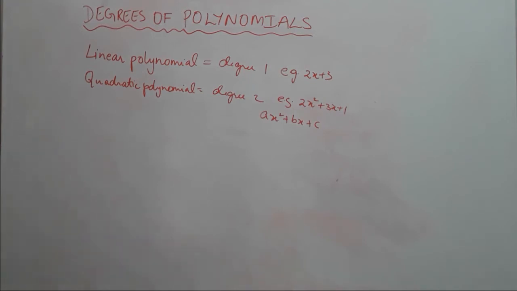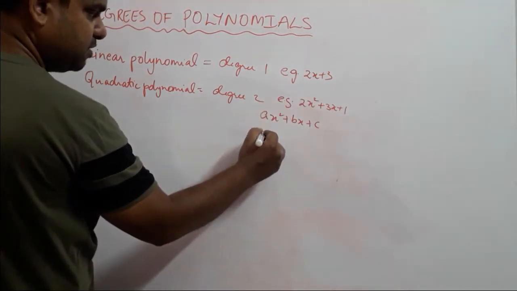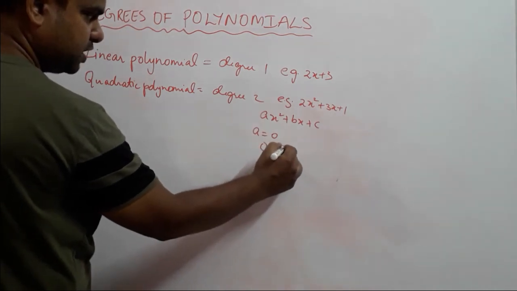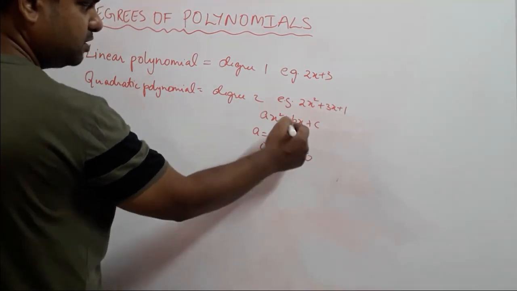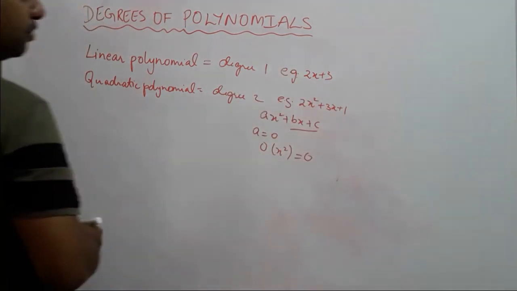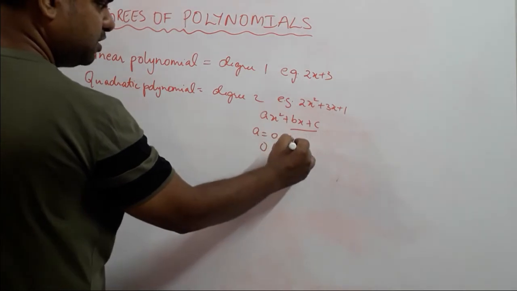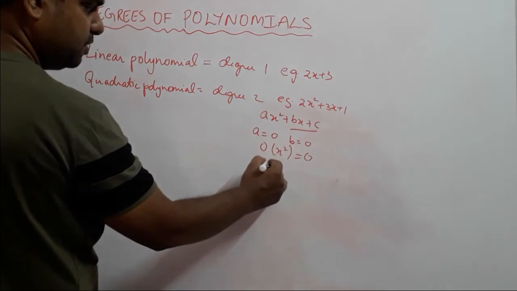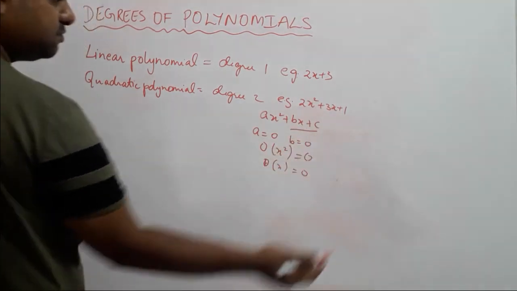Remember, if a becomes equal to 0, we substitute a as 0, it will be 0 into x square, which is 0. Then it will become a linear polynomial. Similarly here, if a is equal to 0 and b also becomes equal to 0, then 0 into x will be 0, and we'll get just 3.